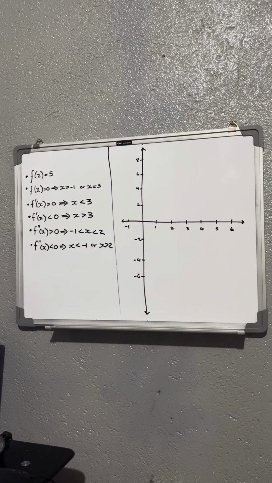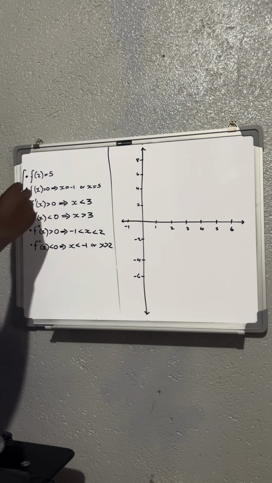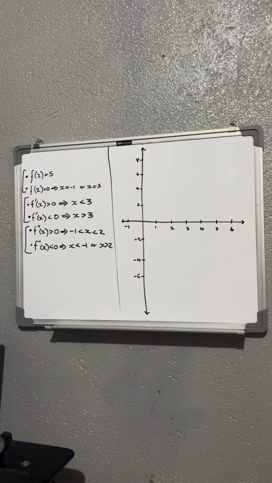I like to group them together: these ones go together, these ones and these ones. These are normally the easiest ones to start with.